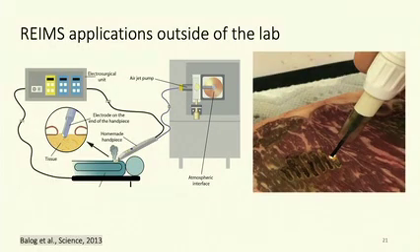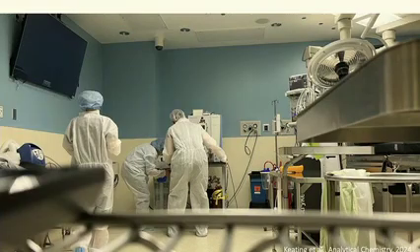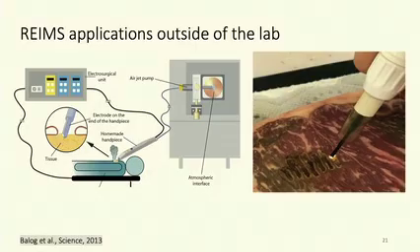So as Nick said before, REIMS with the soldering knife or with the electrosurgical instrument was first introduced for tissue analysis. That could be within the operating room. It can also be for online tissue analysis, such as meat quality assessment.